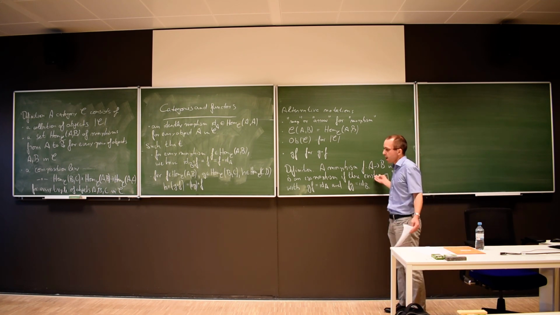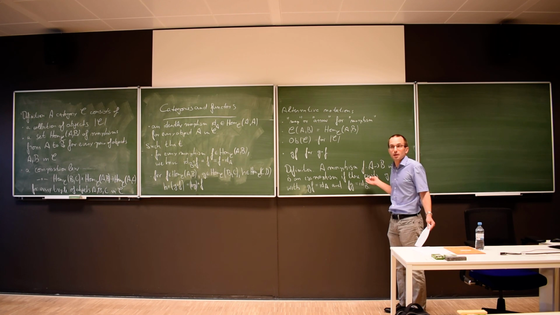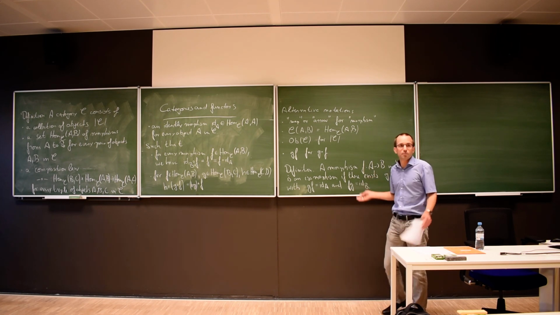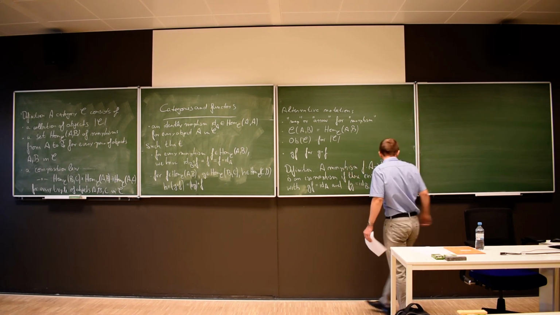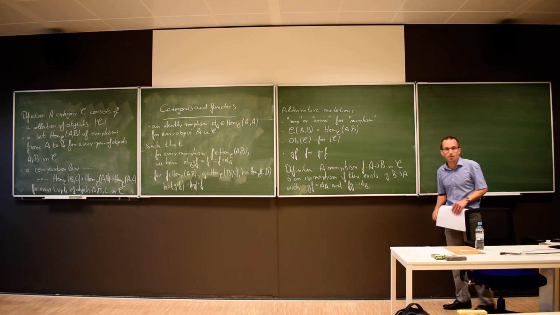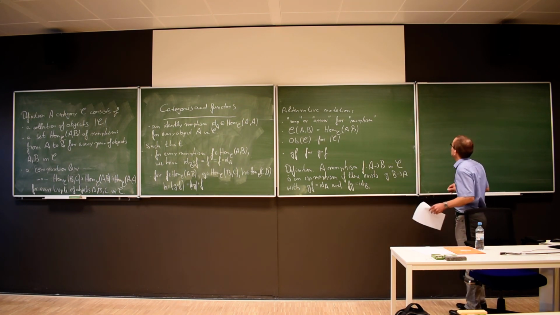By definition, every identity map is an isomorphism, but apart from that, a morphism in a category may or may not be an isomorphism, and there may be many of those, or just identity maps.